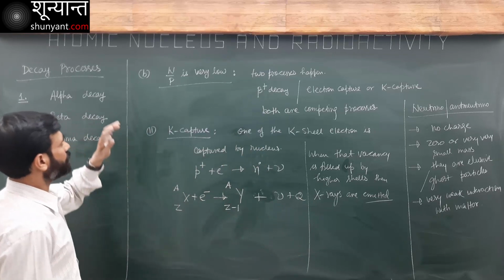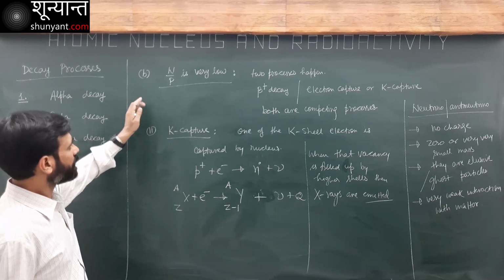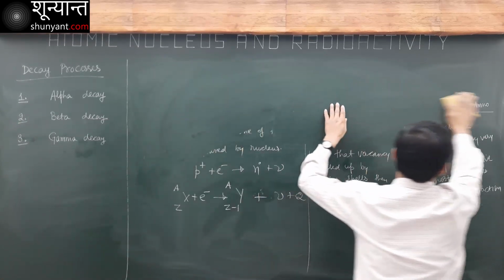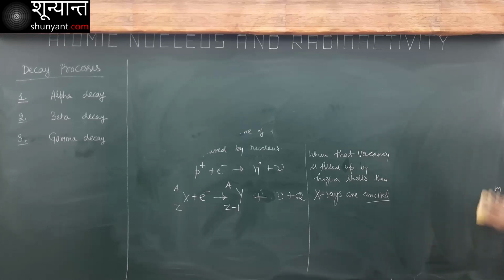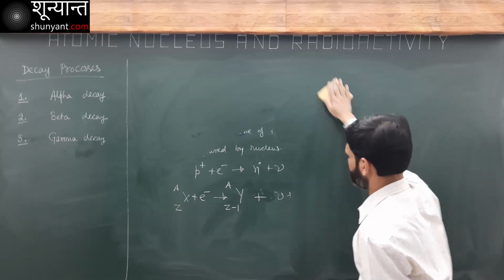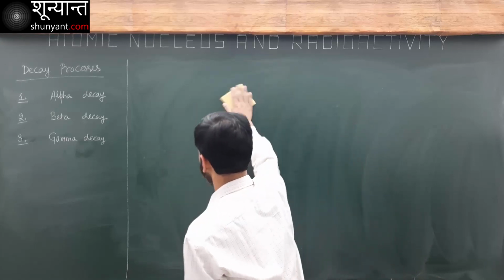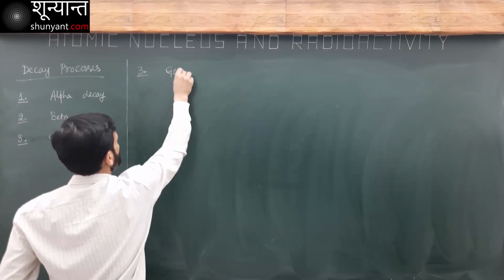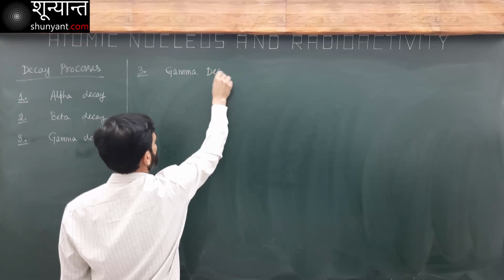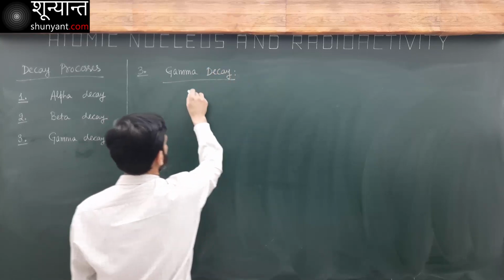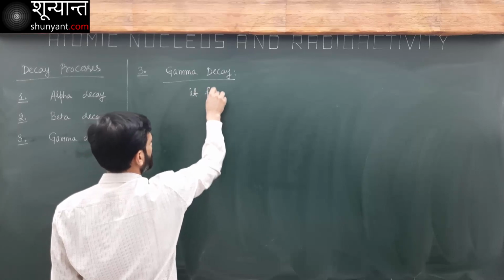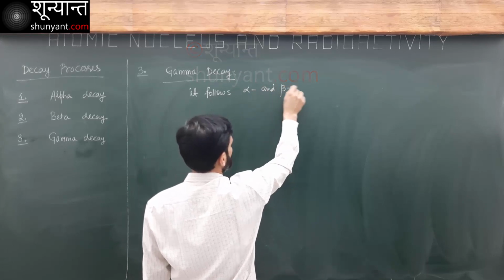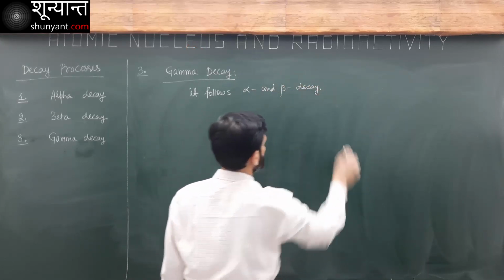Now, alpha decay, beta decay. The third one is gamma decay. First of all, it follows alpha and beta decay.